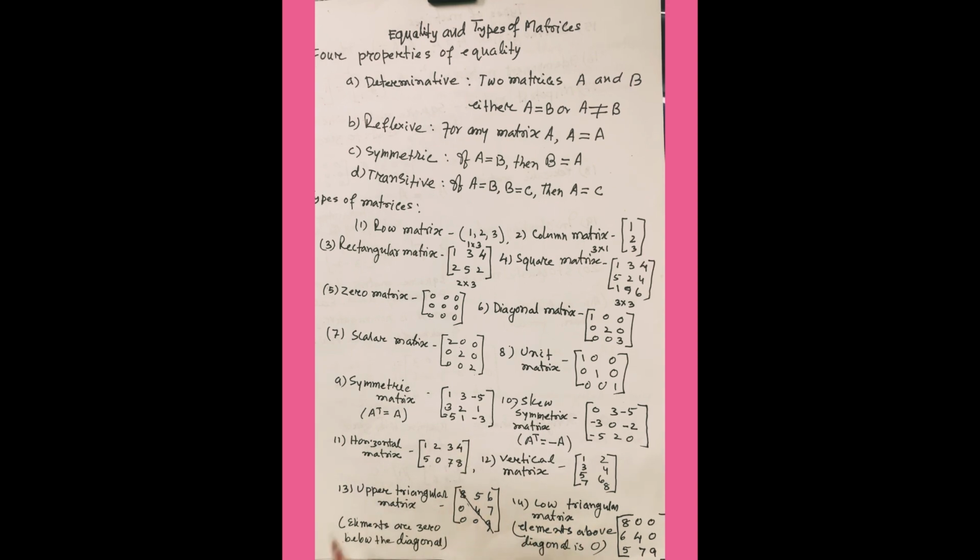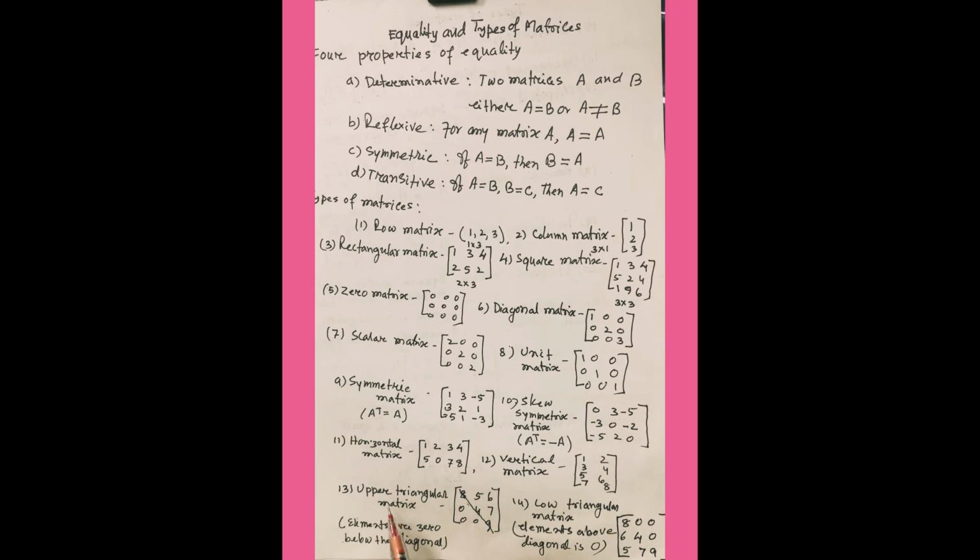We can see it. Then skew symmetric matrix. If we transpose it, it becomes negative. Suppose these are the elements. If we transpose it, you will find that the original matrix becomes negative.